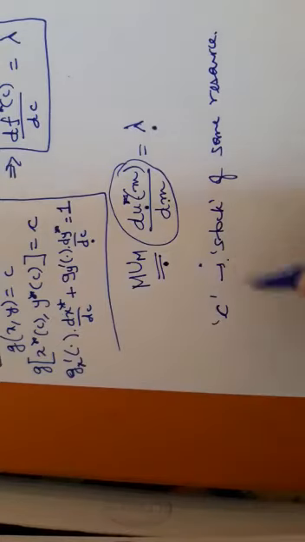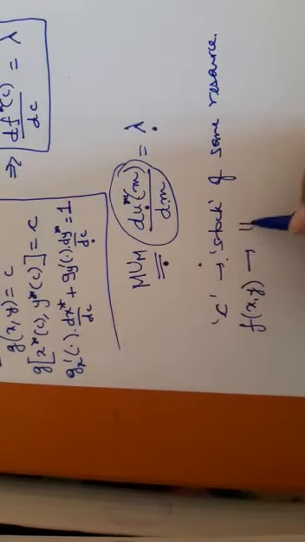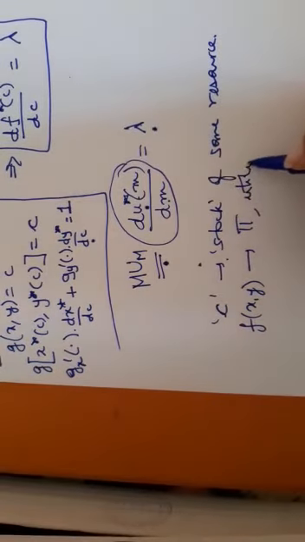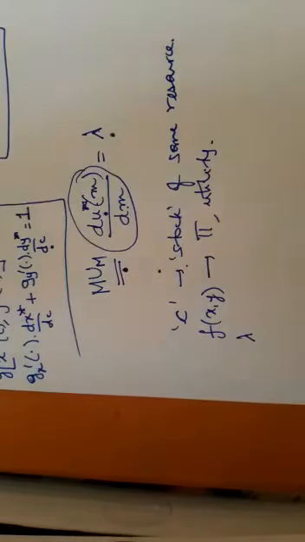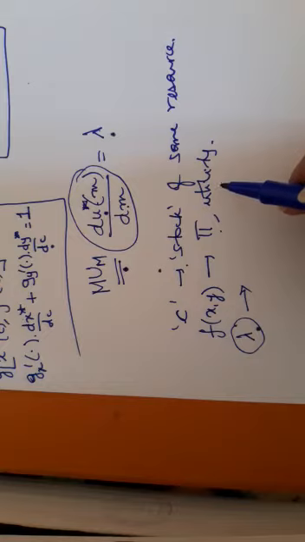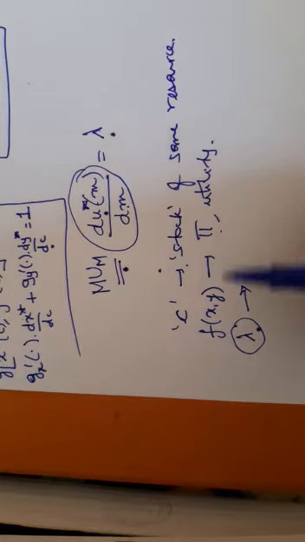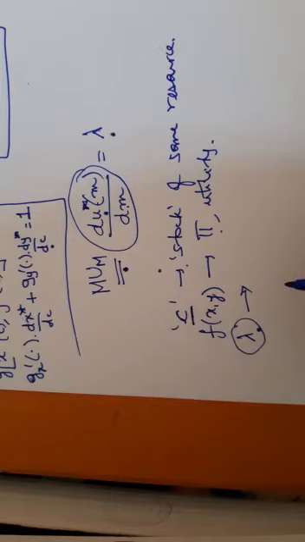And we could think of our objective function f of x comma y in terms of profit or utility, and therefore the economic interpretation that we give to lambda is a parameter that reflects an increase in profit or utility as a result of changing the stock of the resource that we have.